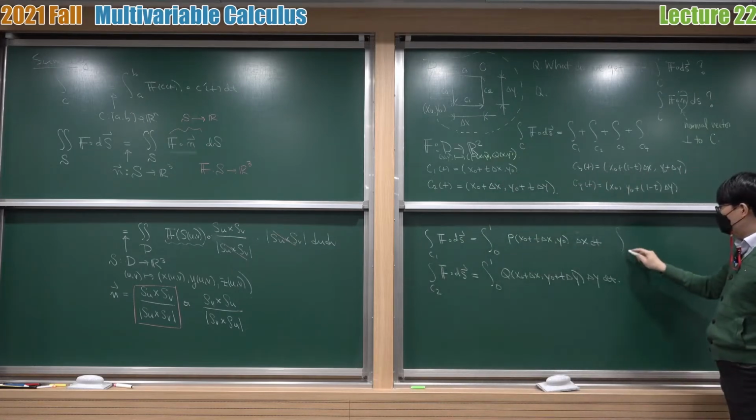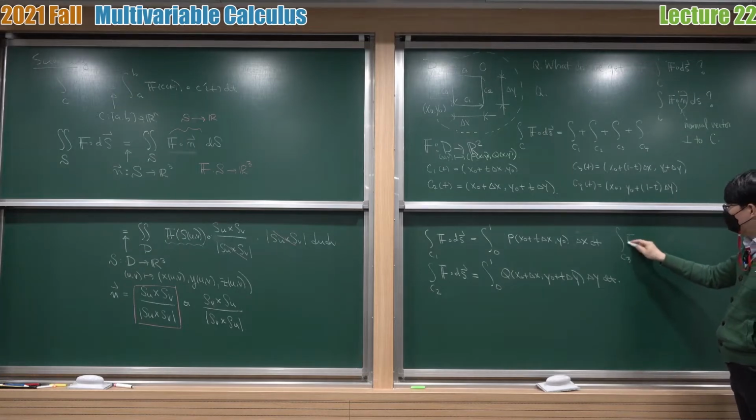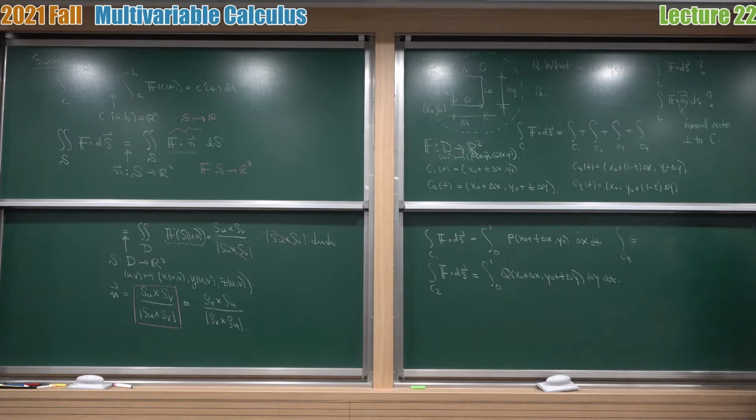So how about C3? C3, I'm going to omit the convention notation there, is the integral from 0 to 1 of what? This part survives, okay? So P at x0 plus (1 minus t) delta x, y0 plus delta y, times what? If you take the c prime t, minus delta x, right? Minus delta x dt.